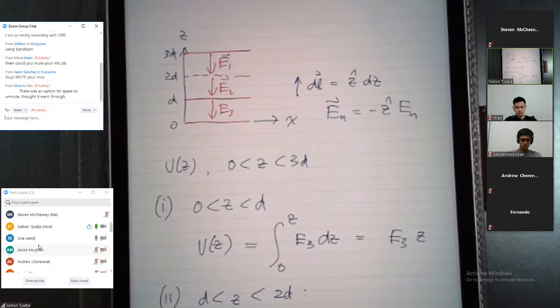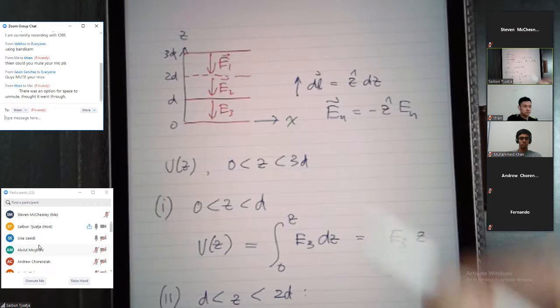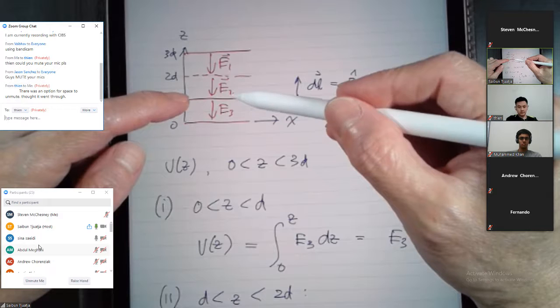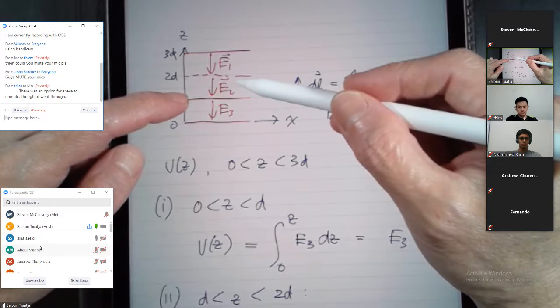So in this case, V at Z is equal to the integration from, so I need to find the potential in any region here, correct?